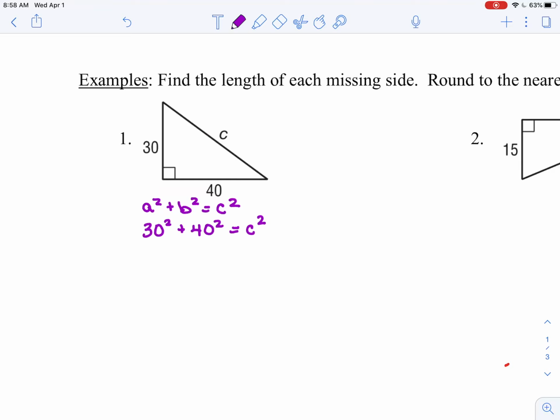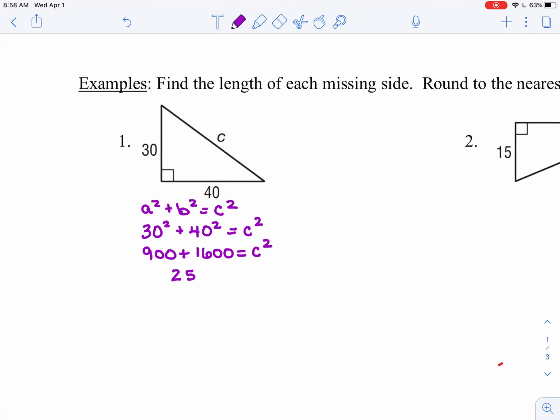Once you plug into Pythagorean theorem, figure out what 30 squared is, what 40 squared is. So that's 900 and 1600 equals c squared. Then you can solve for c. So combine like terms. 2500 equals c squared.